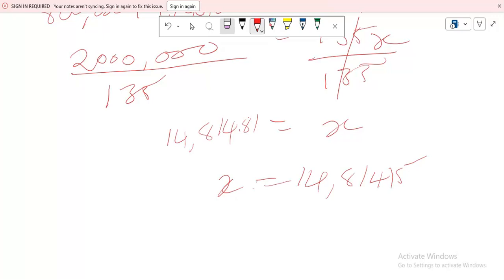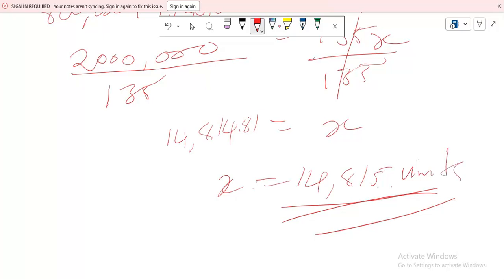So we are saying that the answer is 14,815. Okay, excellent. So those are the units that give us that particular profit of 800,000.